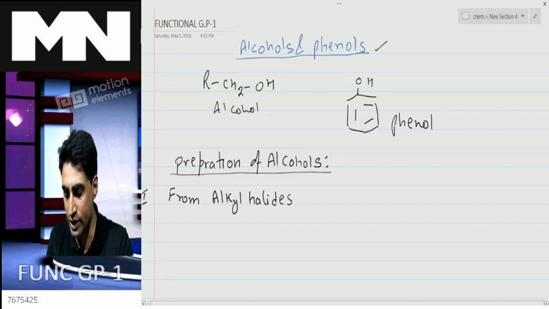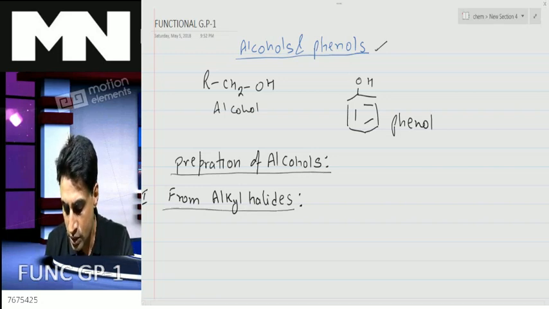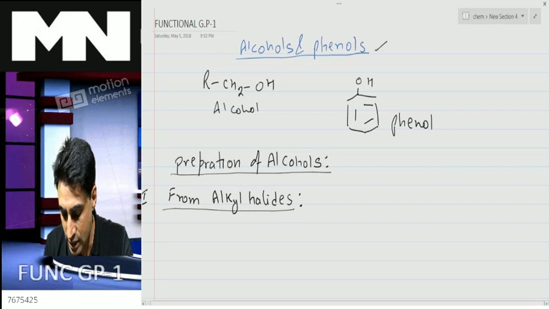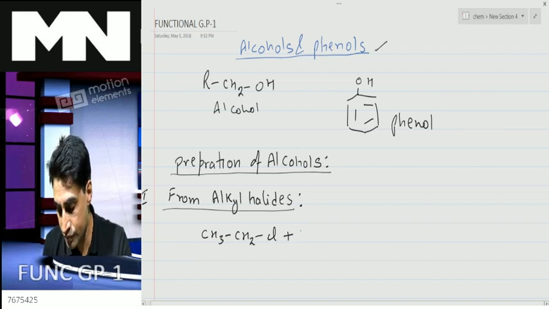This reaction we have already done in alkyl halides, but I'll repeat it. Suppose you have an alkyl halide like CH3CH2Cl, and you are reacting it with aqueous KOH.